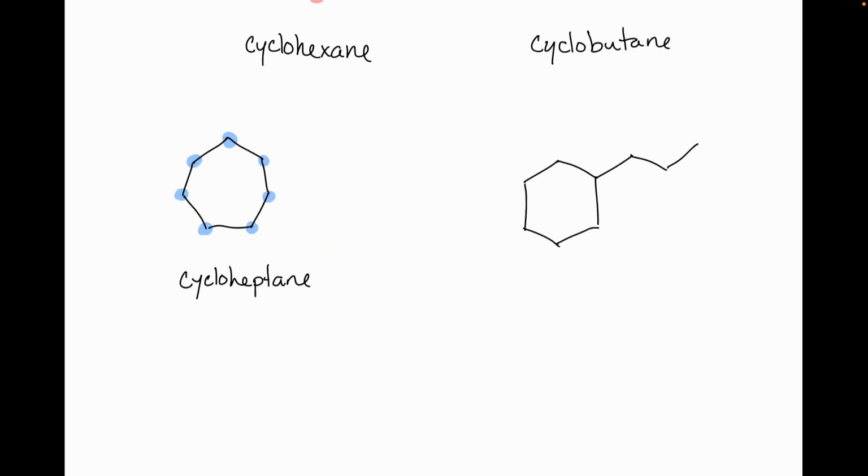Truth be told, in organic chemistry, there are some circumstances where the ring is not the parent chain. We're not going to cover those, all right? We're just going to cover situations where the ring can be considered the parent chain. So again, we're going to find our parent chain. 1, 2, 3, 4, 5, 6 carbons. So my parent chain is that cyclohexane.